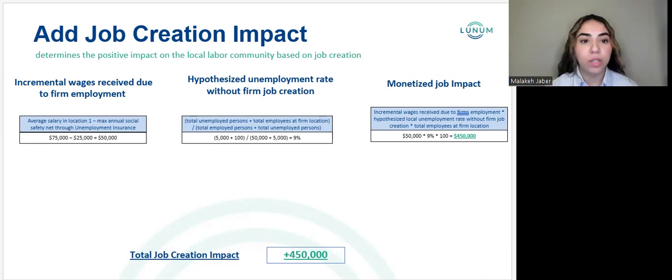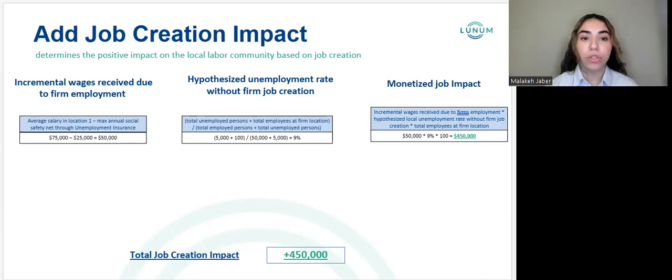To reach that calculation, you take the total unemployed people at state Z. In this instance, state Z has 5,000 unemployed individuals, and you add that by the total employees at the firm. For company ABC, that's 100 employees. You then divide that by the total number of employed people in that state, in this instance, 50,000, and you add that by the total unemployed people, that 5,000 we referenced earlier.